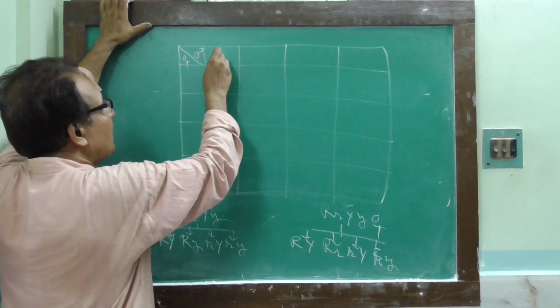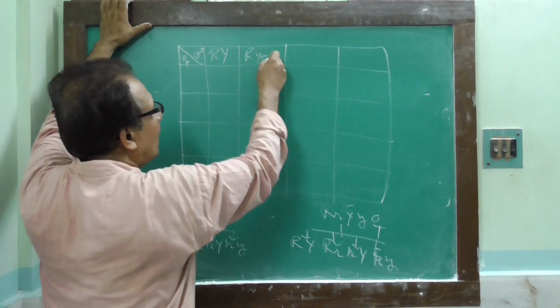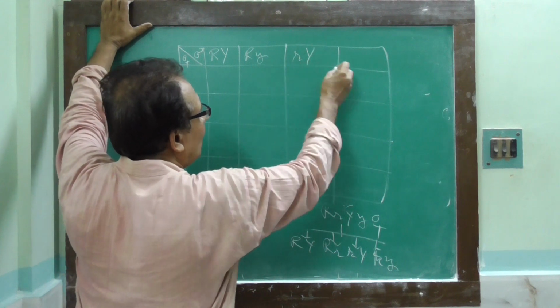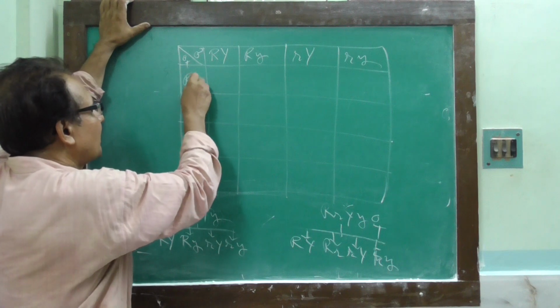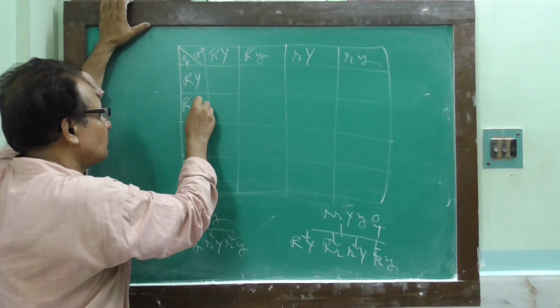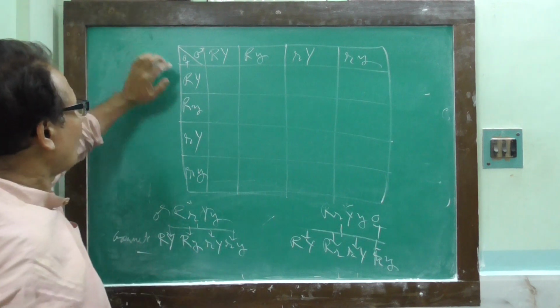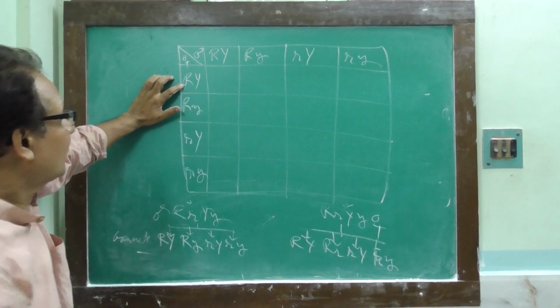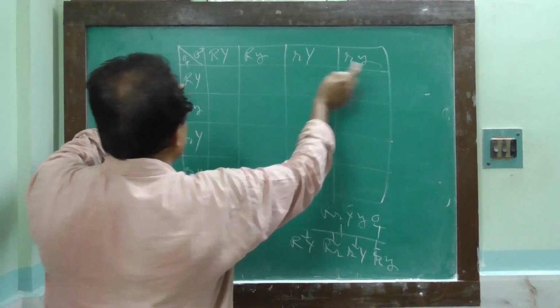Now you place the gametes: capital R, capital Y, capital R, small r, capital Y, small r, small y. Similarly for the other side. Now you place the finger in this and then cross with these gametes.